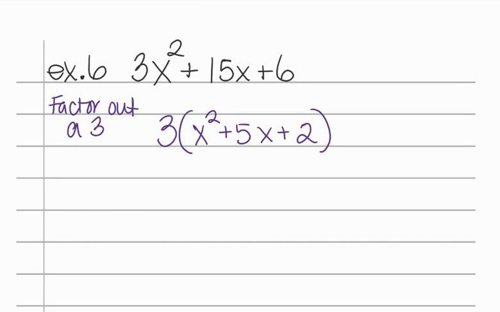Now remember, if you ever get confused, you can always redistribute and just double check that you get the same thing that you started with, right? Also double check that there are no more common factors, and we're good. All right, so let's make our little puzzle.